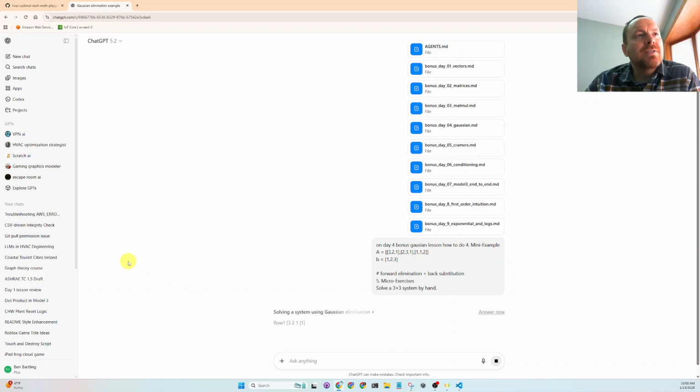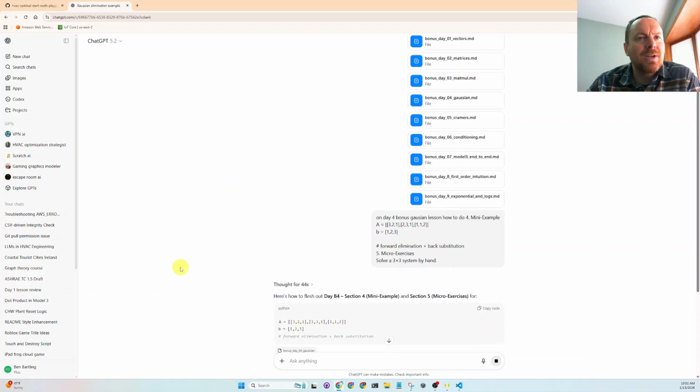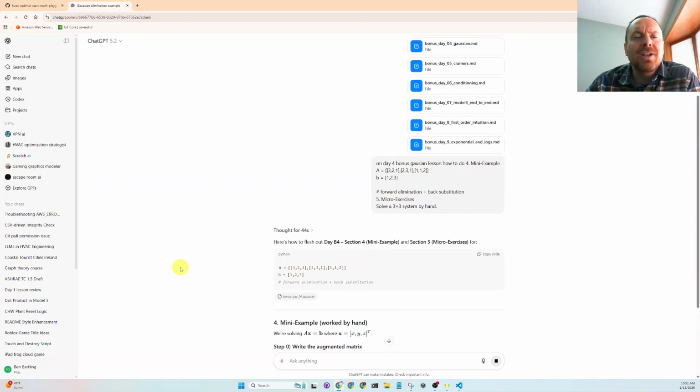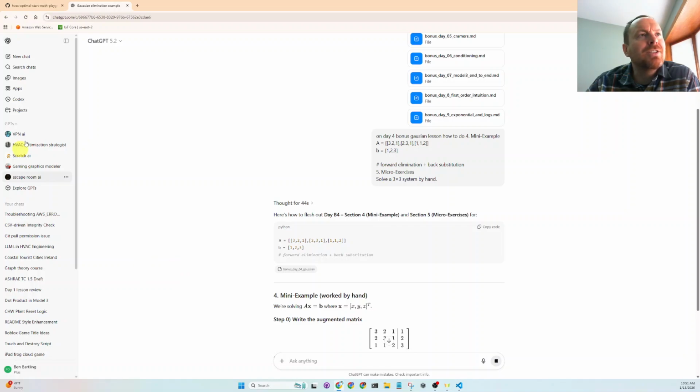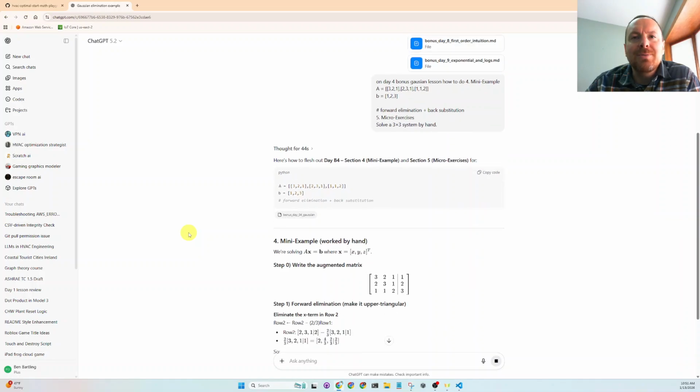Somehow it has a lot of saved memory about me, even on blank chats, it seems to know quite a bit about my background, which is kind of interesting how they do that, because I know the models only have a certain amount of context, so it's kind of a mystery to me how it knows.